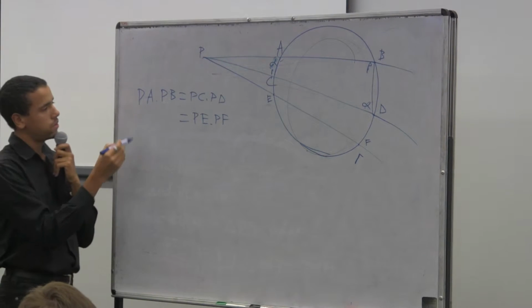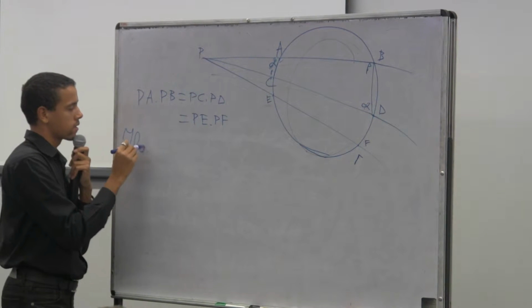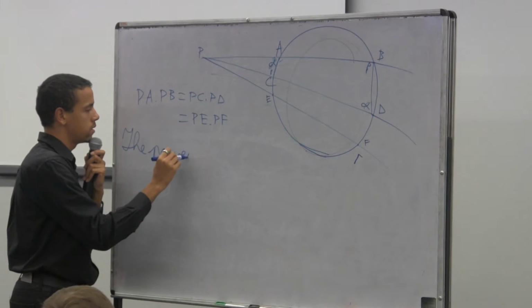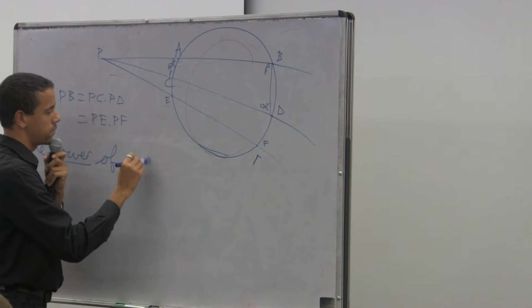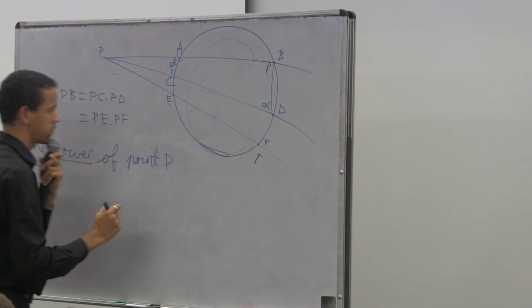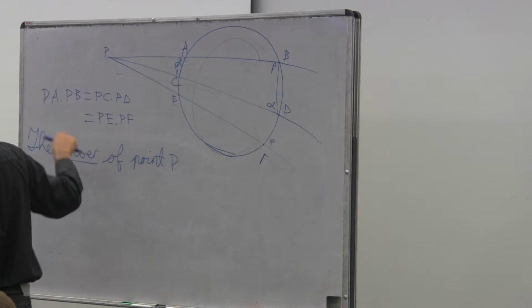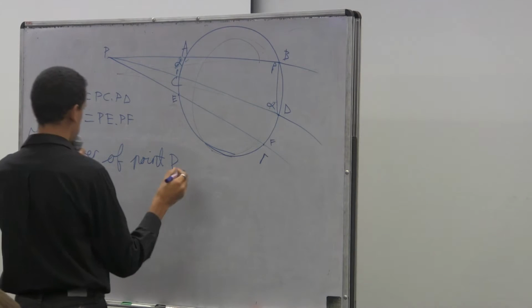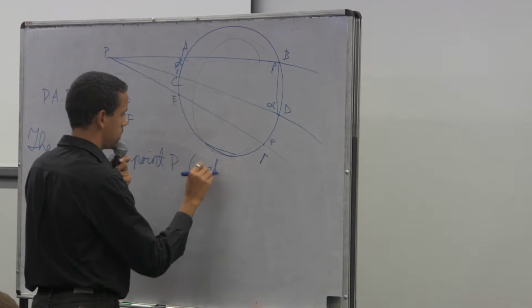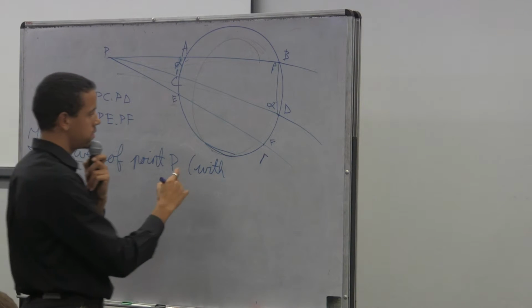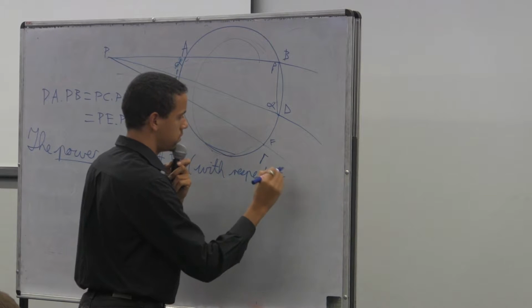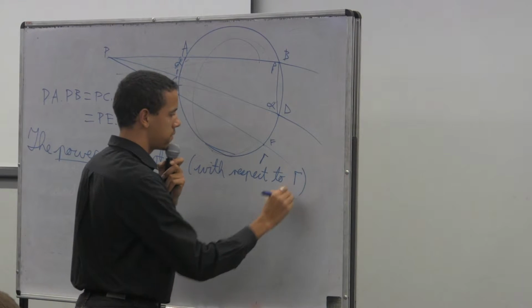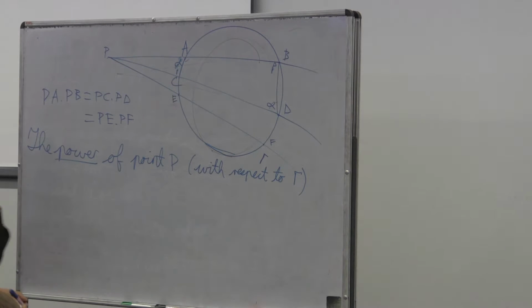And this is called the power of the point P. So the power of the point is this value. If you wanted to be more explicit about which circle you're talking about, you'd say with respect to this circle gamma.